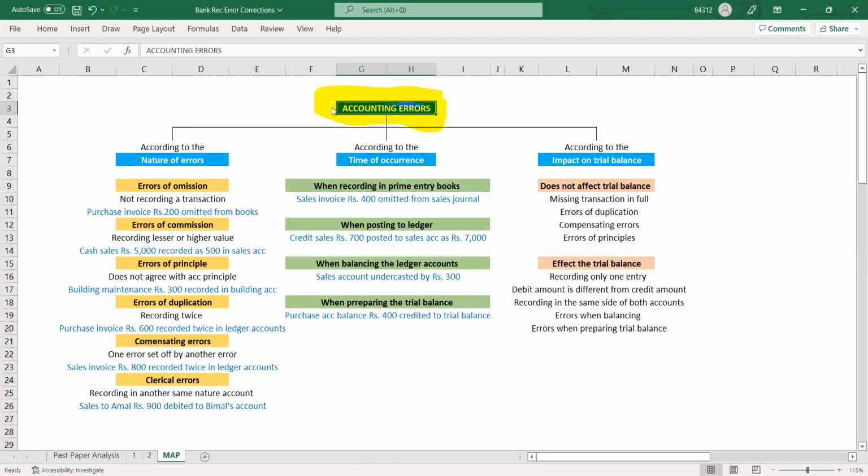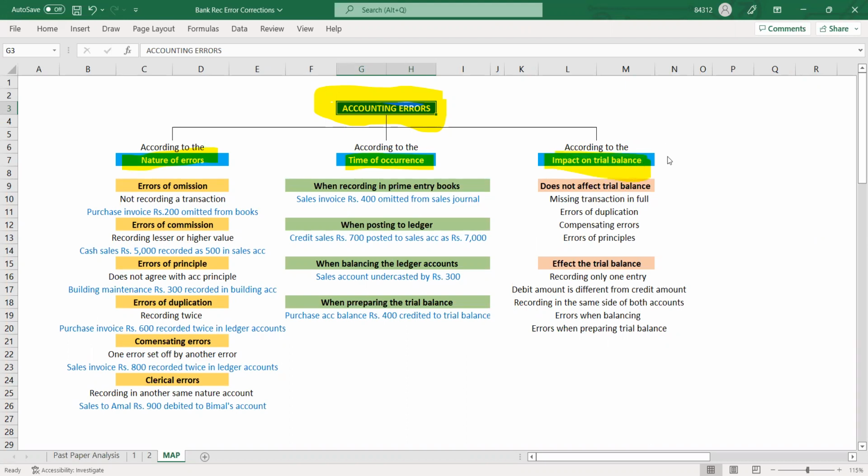There are three ways we can divide all the accounting errors into different categories: based on the nature of the error, based on the time of occurrence, based on the impact on the trial balance.